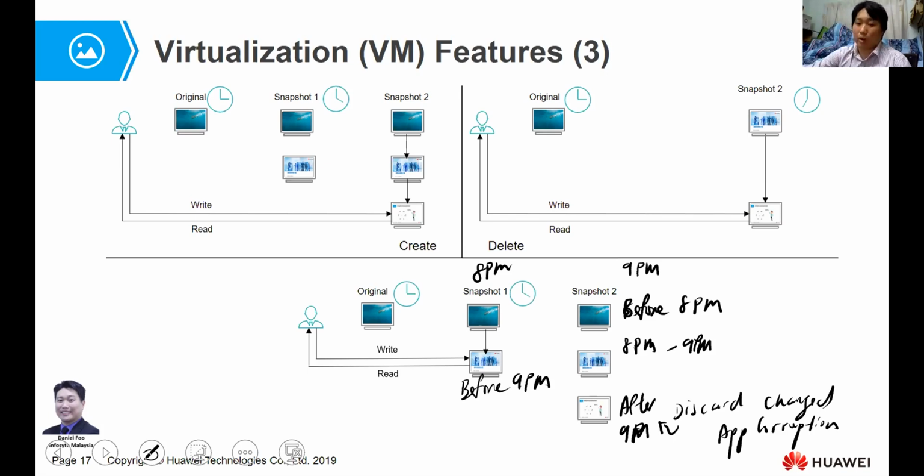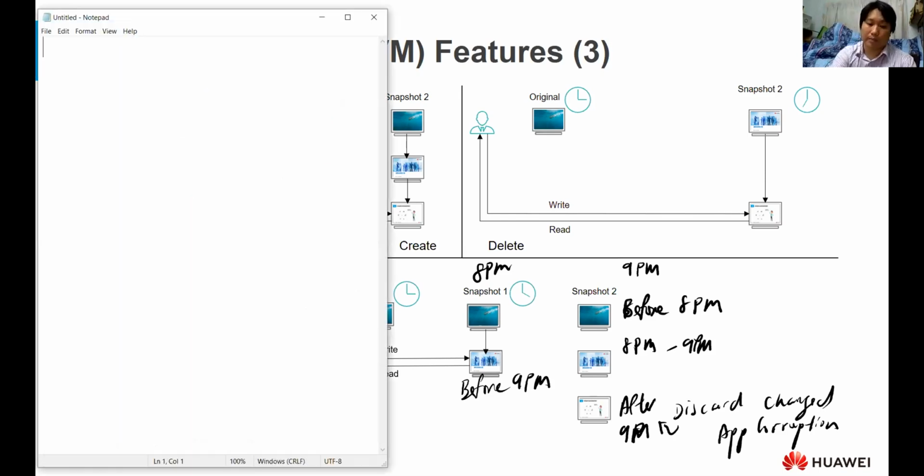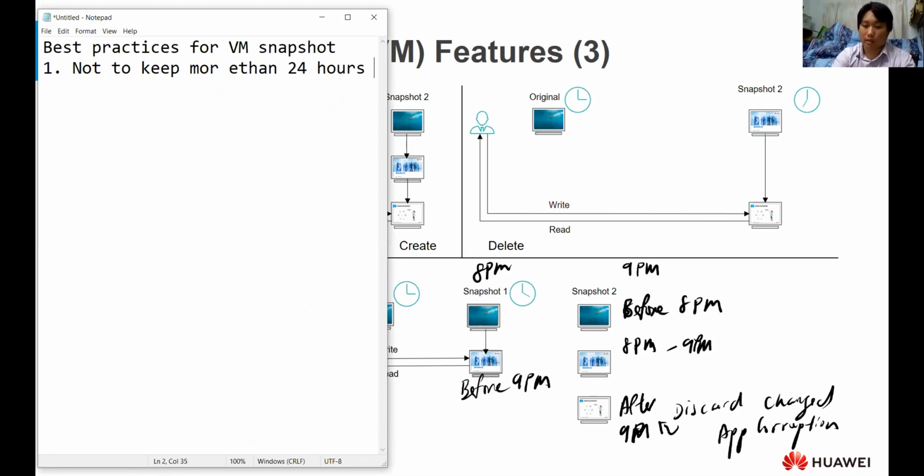So as a best practice for virtual machine snapshots, it is not wise to keep a snapshot for more than 24 hours.